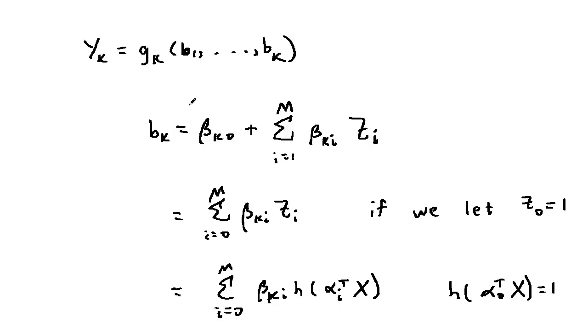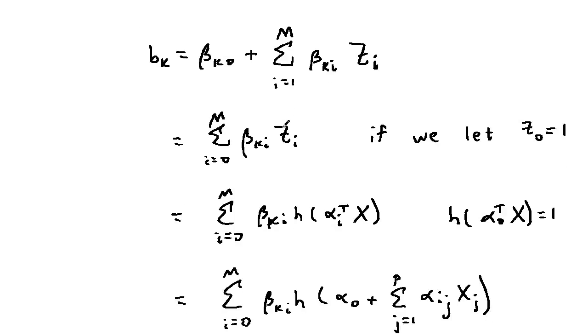Writing out y sub k equals g sub k of b1 through bK more explicitly, we get this, where b sub k is given by beta sub k0 plus the sum of beta ki zi, as i ranges from 1 to big M. That's equal to the sum of beta ki zi as i ranges from 0 to M, if we let z0 be 1.